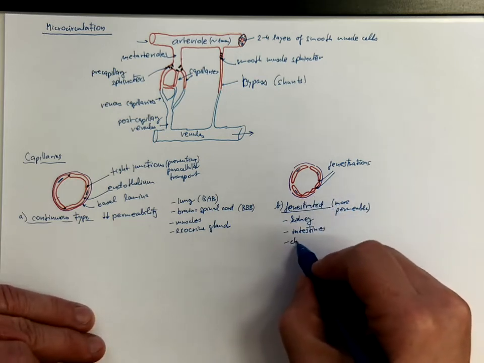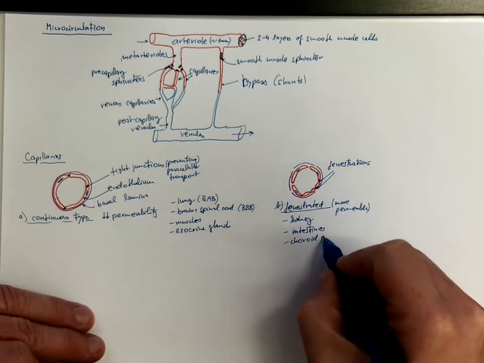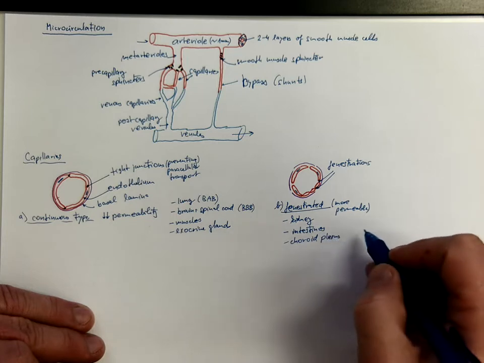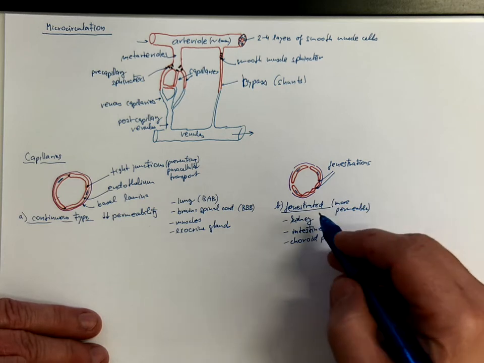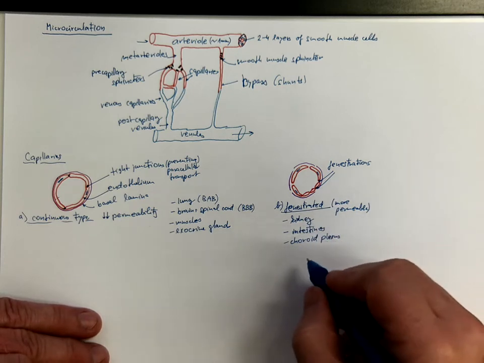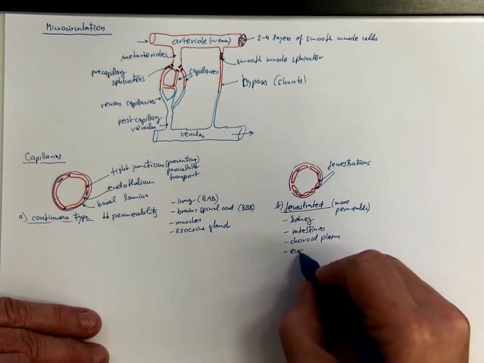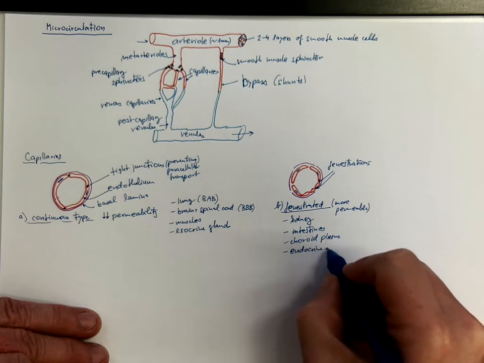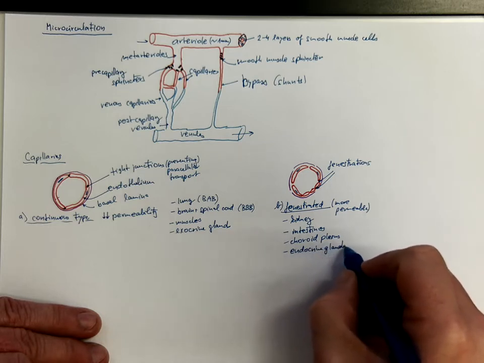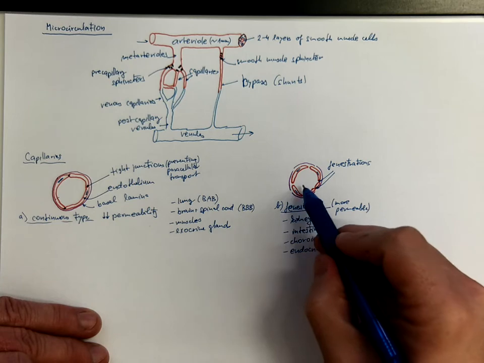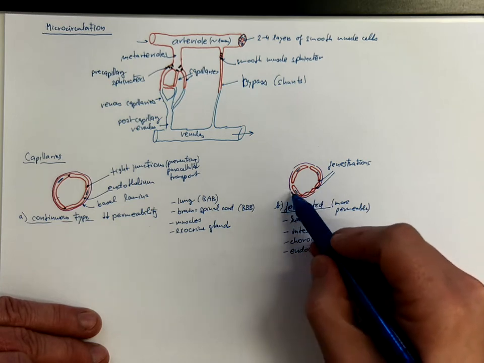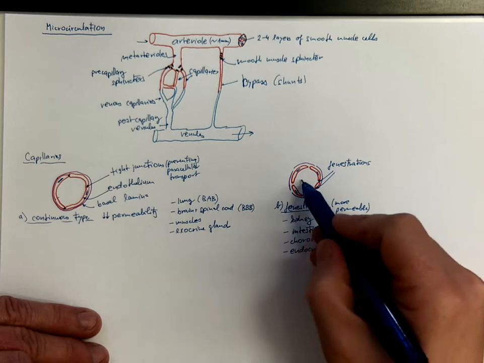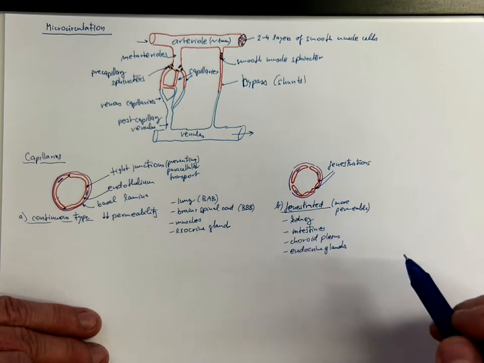They are in the choroid plexus, through which the cerebrospinal fluid is filtered into the brain ventricles, and they are in the endocrine glands, where through these fenestrations the hormones are permitted to pass into the bloodstream.